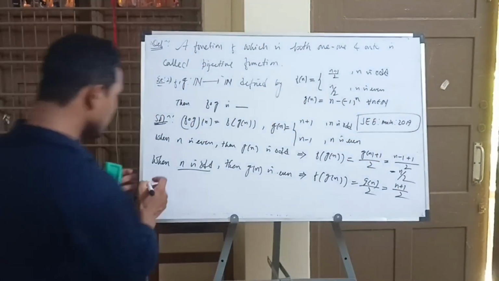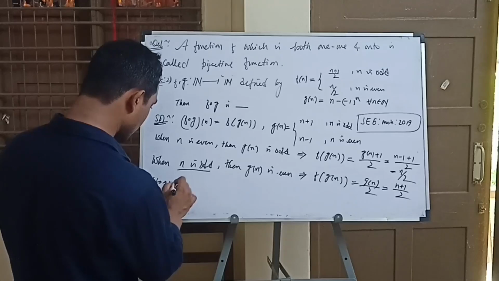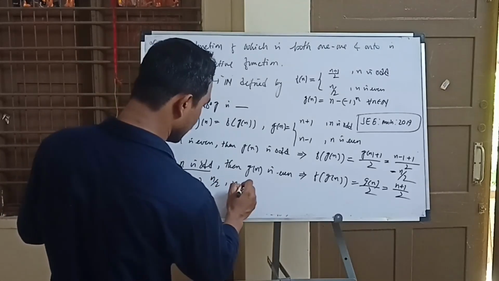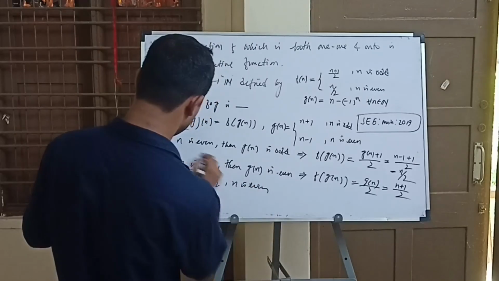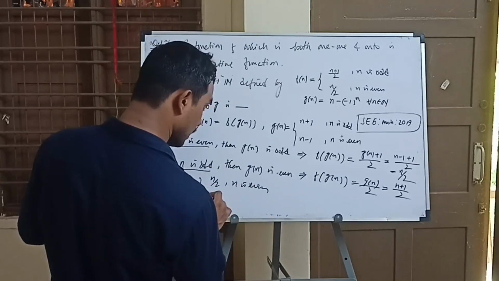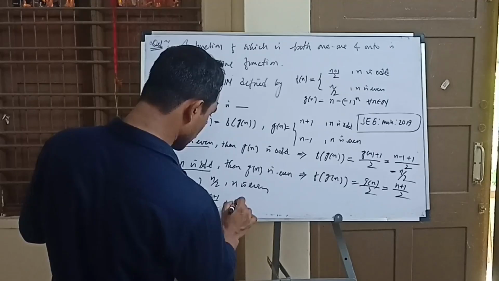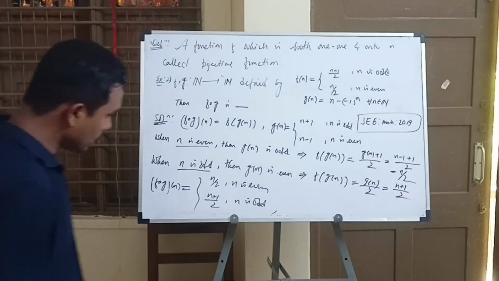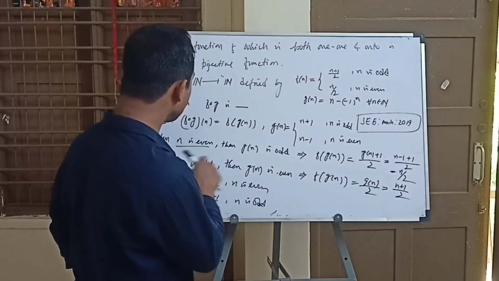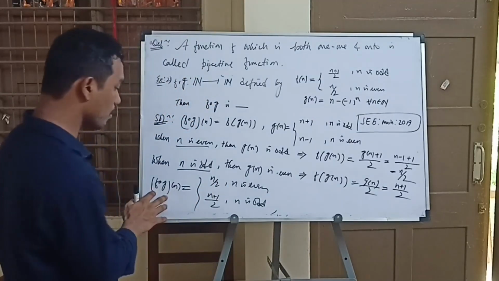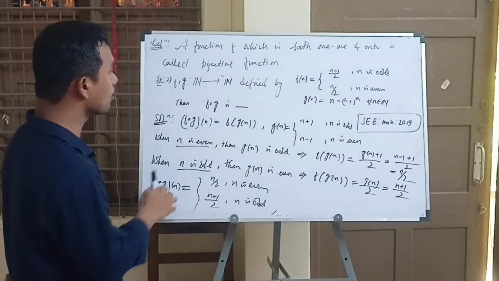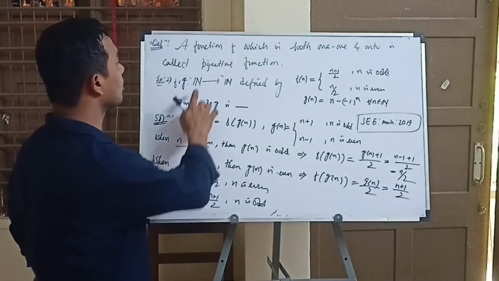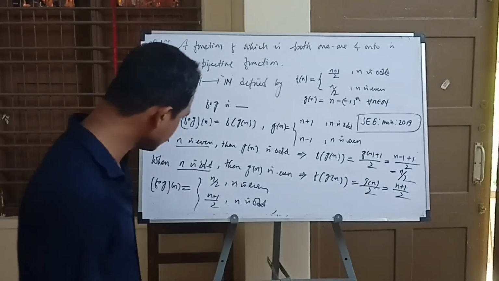Okay. Here f composition g of n is n by 2 when n is even, and (n plus 1) by 2 when n is odd, correct. Now let's observe this function. The function f composition g is defined from N to N, correct?